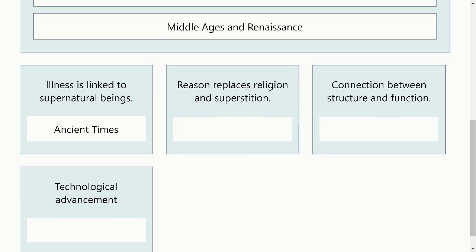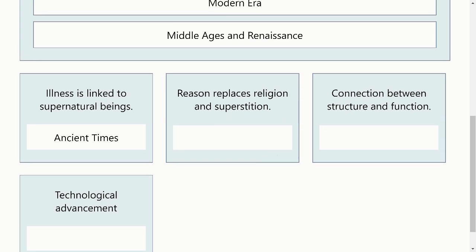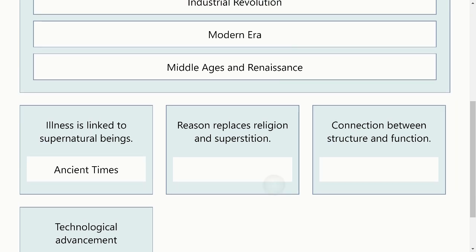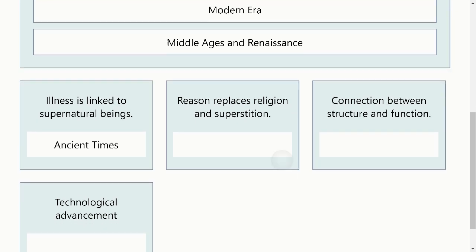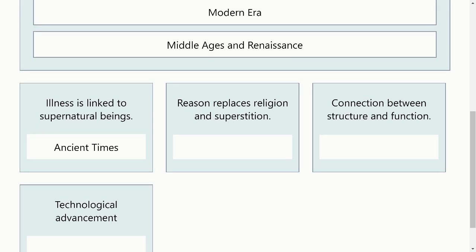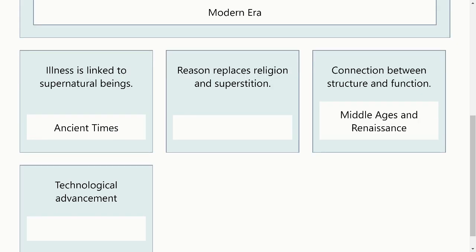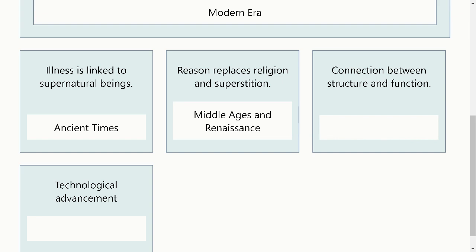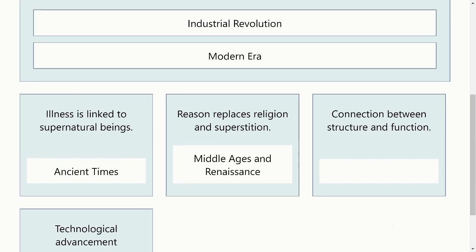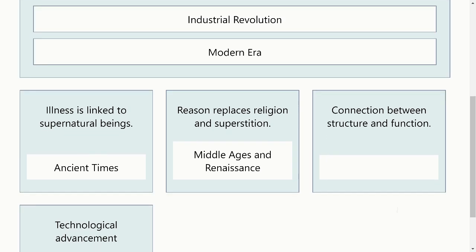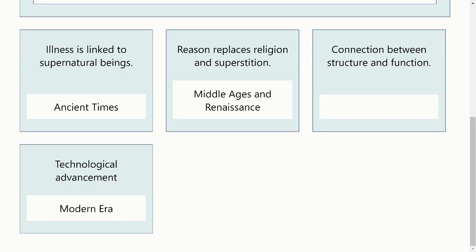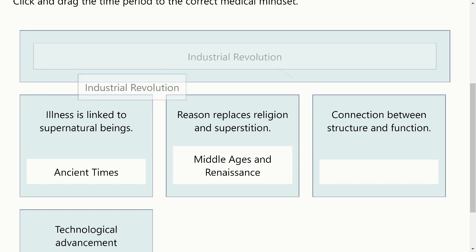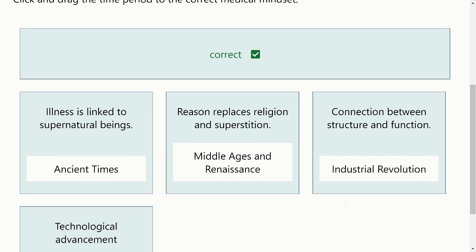Middle Ages, Renaissance, reason replaces religion and superstition. Modern era, technology advancement and industry. And Industrial Revolution. All right.